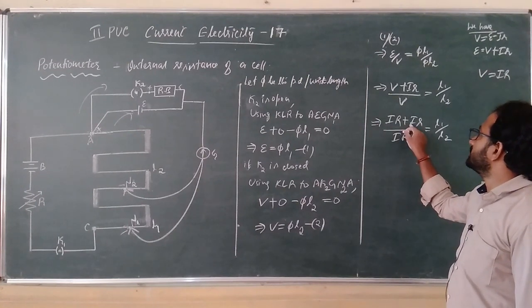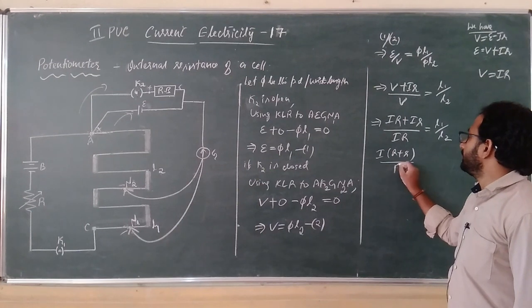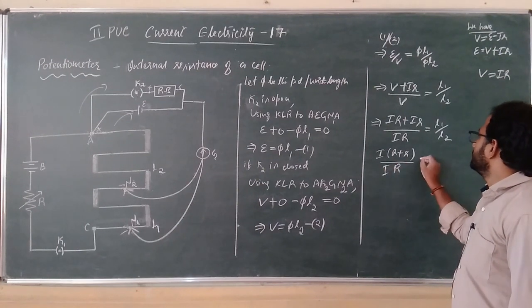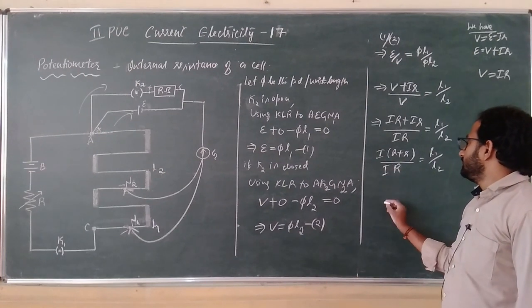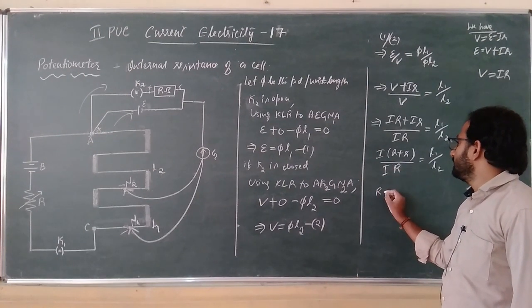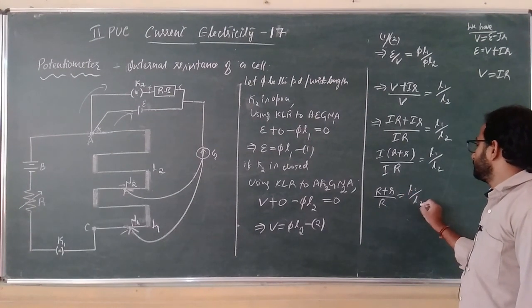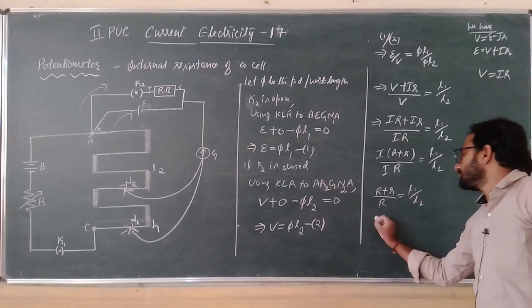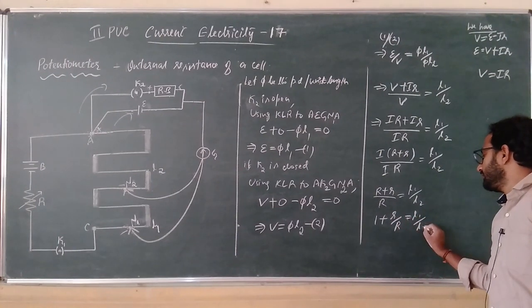Here I is common and gets cancelled, so R plus r by R is equal to L1 by L2. So this is 1 plus r by R is equal to L1 by L2.